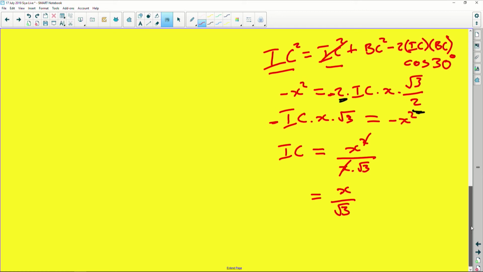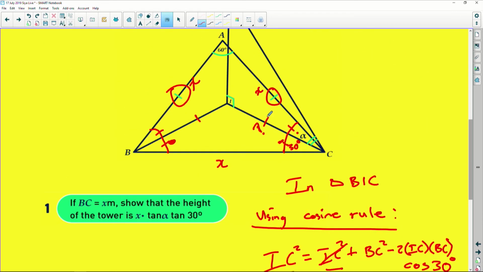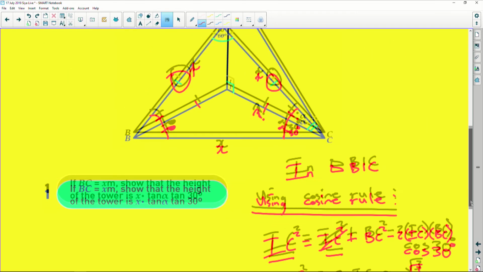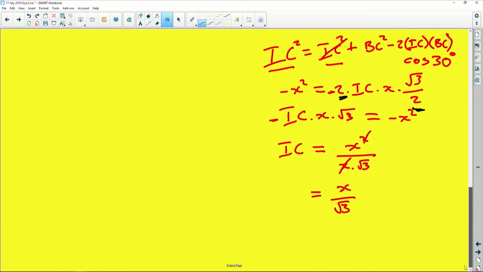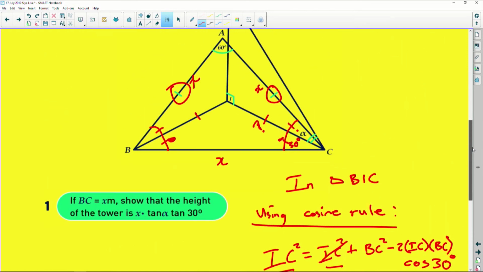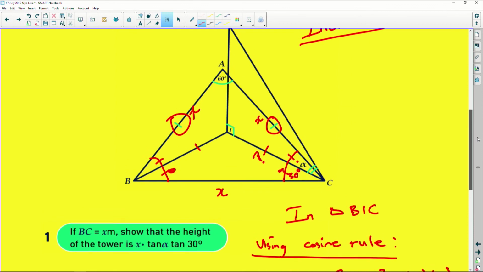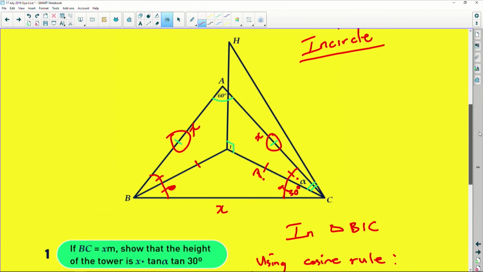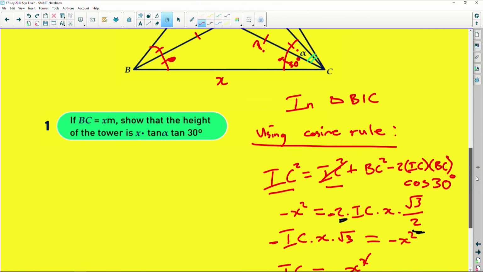So if I look in this particular triangle, I know what my IC is. So if I want to find the height, it will be tan of alpha is equal to, let's look at the diagram there. I want the angle of elevation, so HI divided by IC.